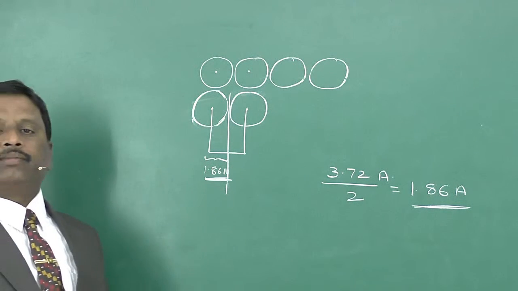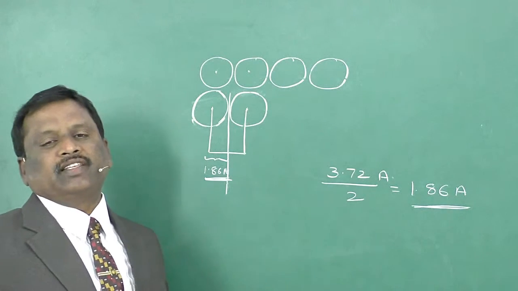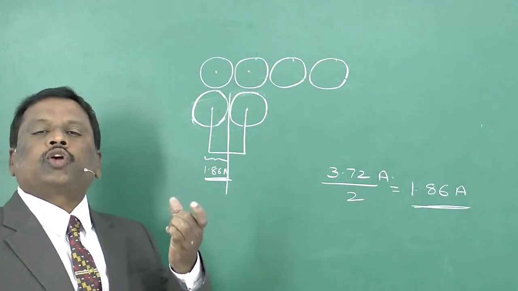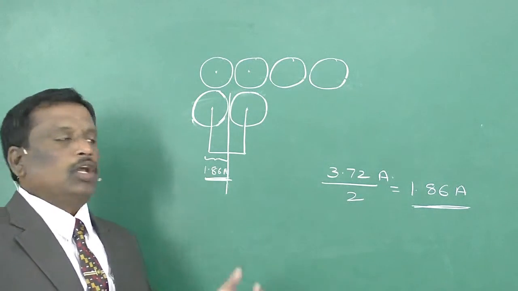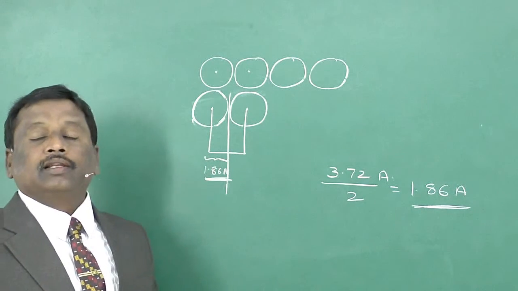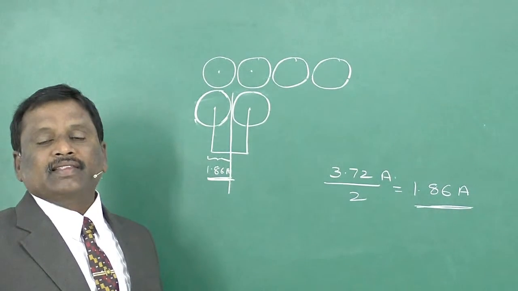Metallic radius means half of the internuclear distance between the nuclei of two adjacent atoms present in a metal crystal.